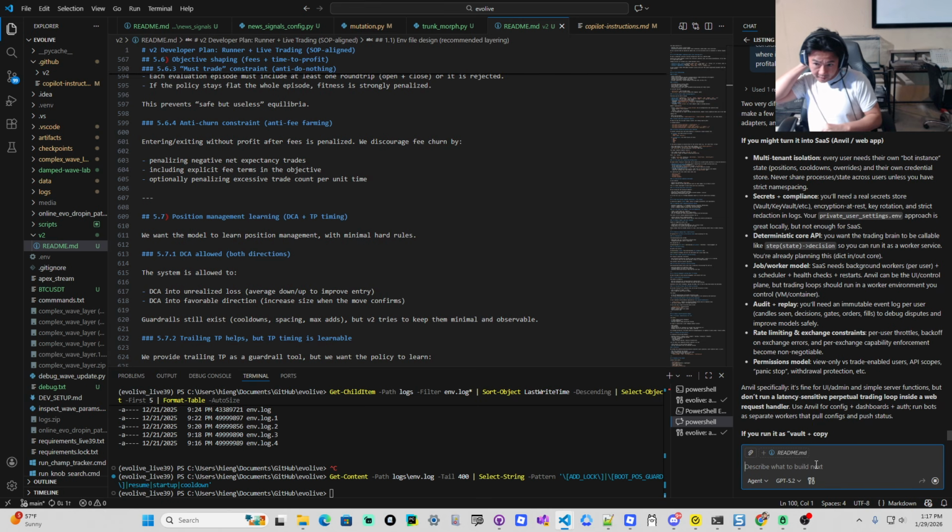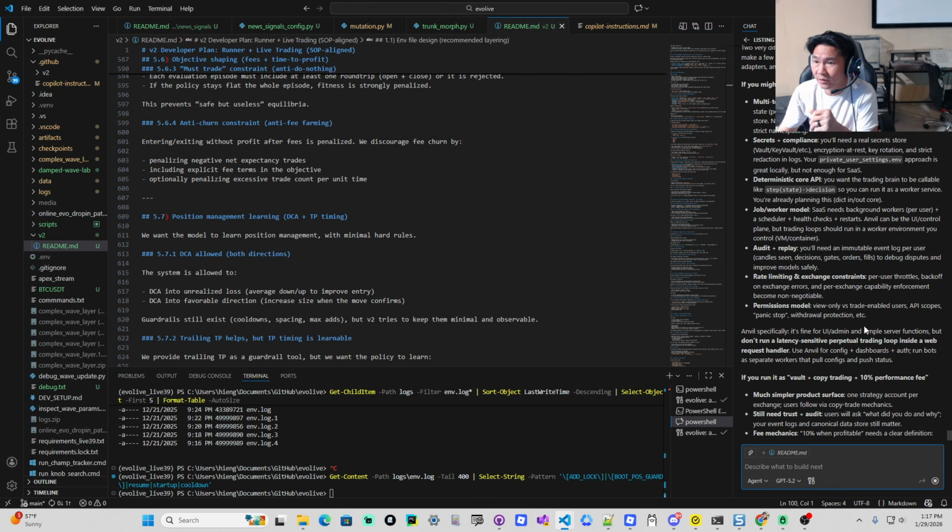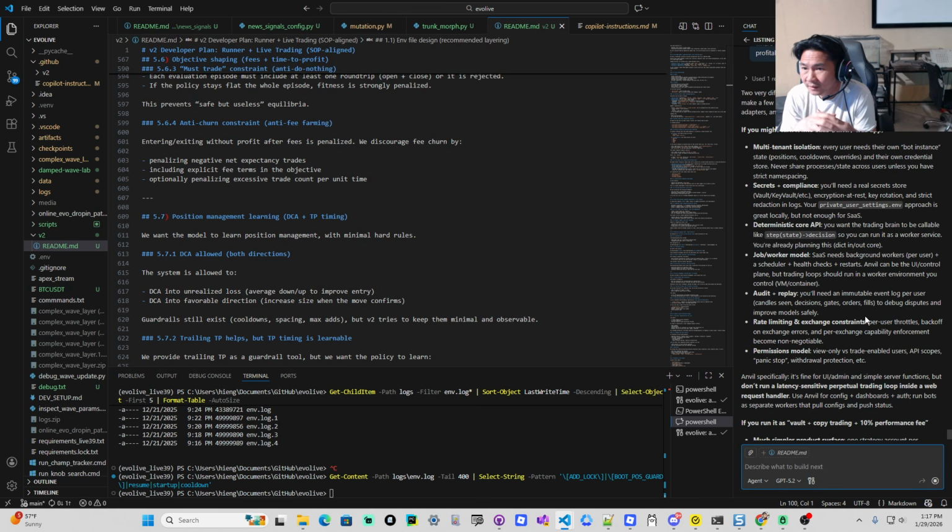Alright, so multi-tenant isolation. Every user needs their own bot instance. Never share process state across users unless you have strict namespacing. Secrets compliance, you'll need a real secret store. Any approach is great locally, but not enough for SaaS.